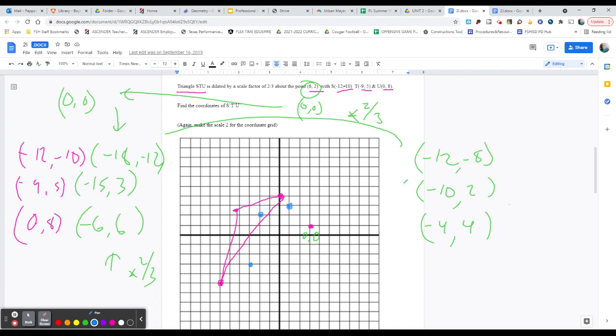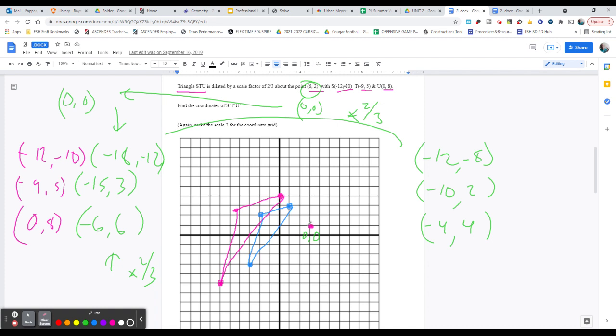Now we have dilated this triangle by a scale factor of 2/3. Basically, we took this pink triangle right here and we shrunk the sides. We multiplied the sides by 2/3. And now again, with the center of dilation being here at (0, 0), look what happens.